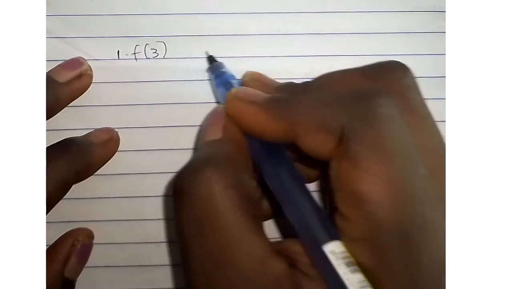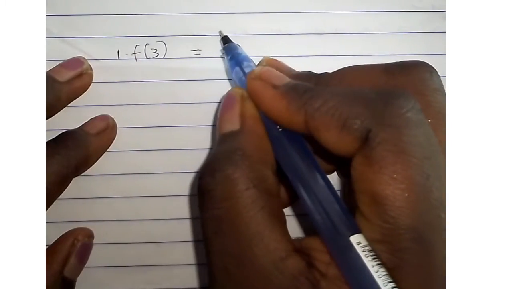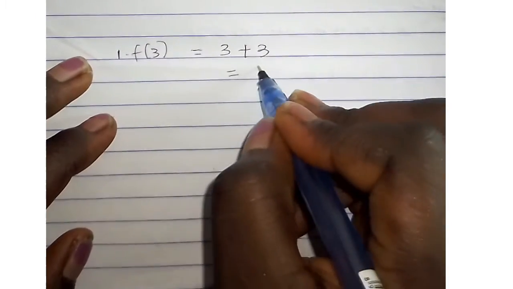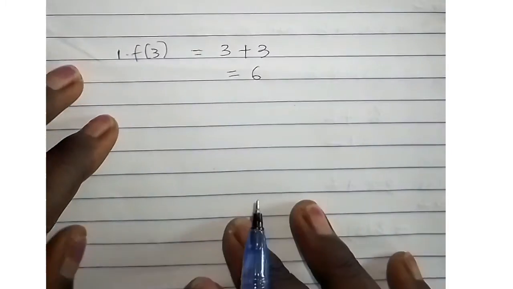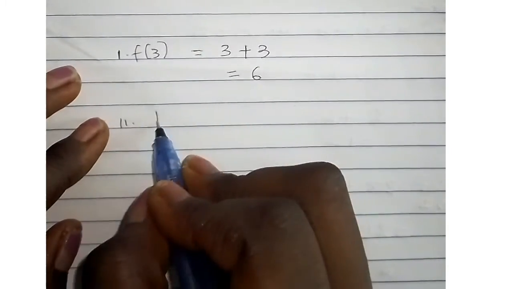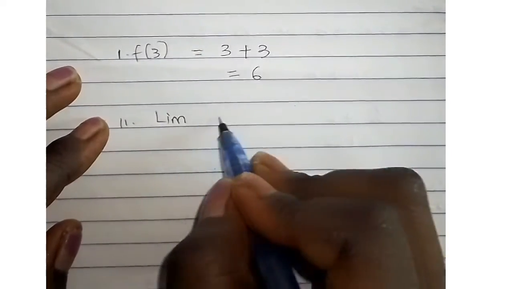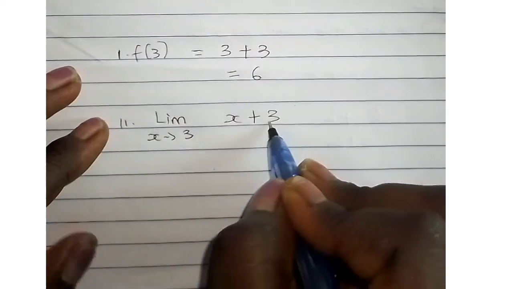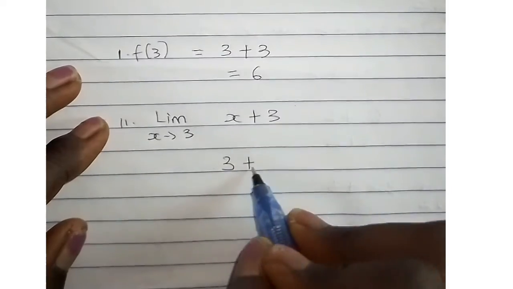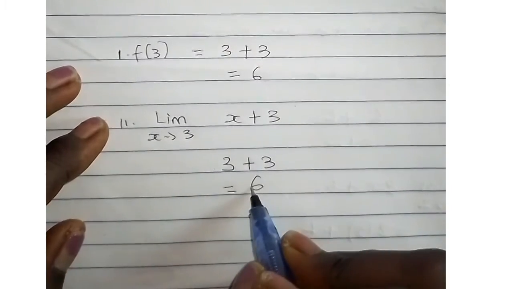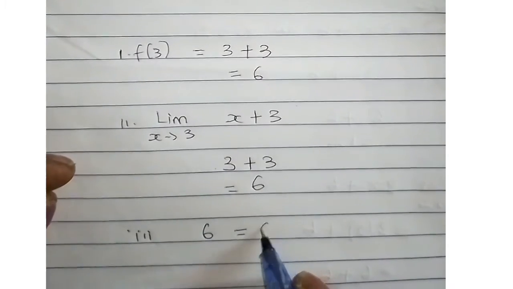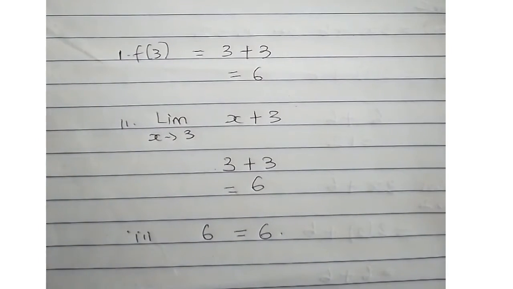Putting it into x plus 3, wherever we see x we place 3, so 3 plus 3 gives us 6. Now checking the limit as x approaches 3 of x plus 3: wherever we see x we put 3, so 3 plus 3 gives us 6. So the limit, which is 6, is equal to f of A, which is 6. Therefore, this function is continuous.